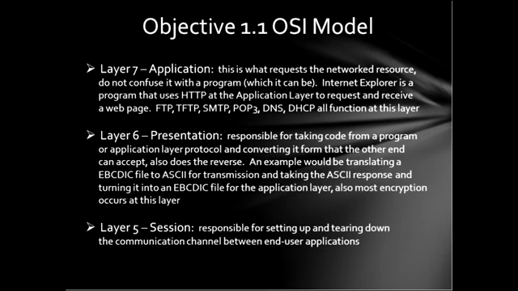Now, here's a little bit more detail about the layers. Layer 7, the application layer. This is what requests the network resources. Don't confuse it with a program. It can be a program, but it doesn't necessarily have to be.